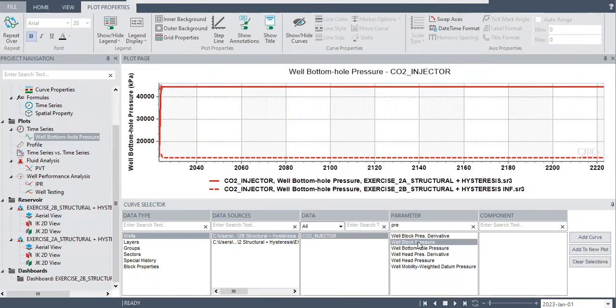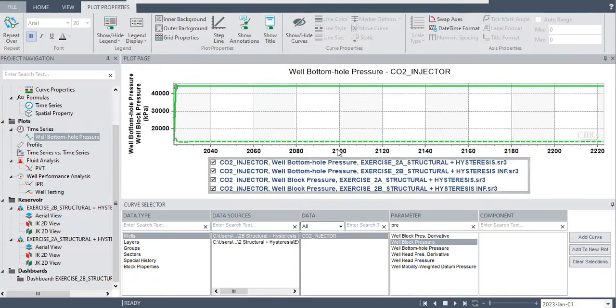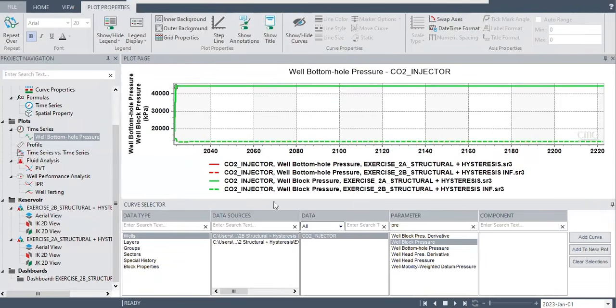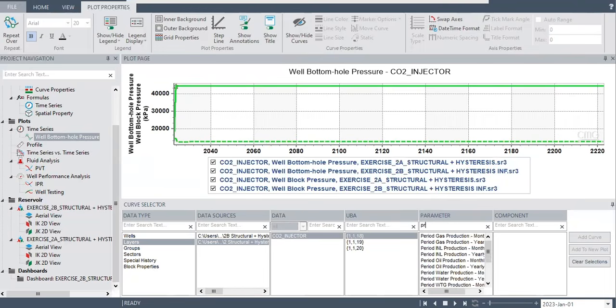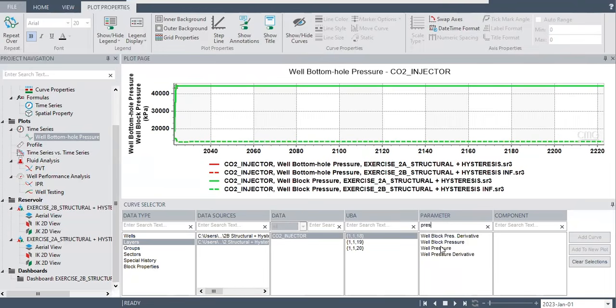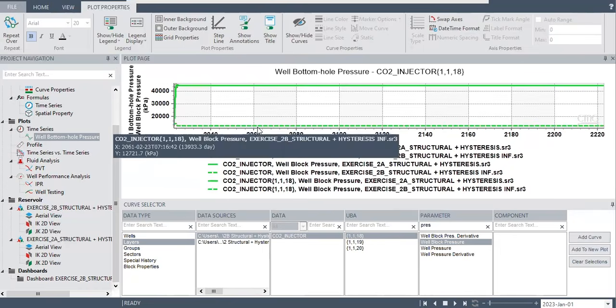Let's check with block pressure. First with this one, the limited, the same, the infinite, the same. What about layer? With limited first, well block pressure, yeah, the same value.